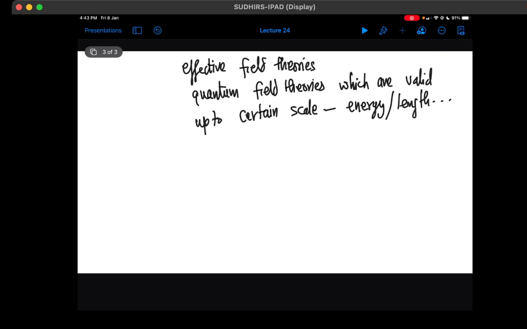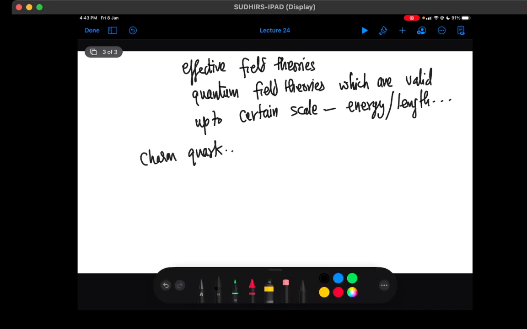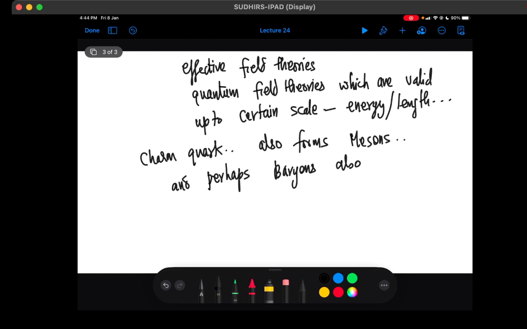The charm quark also forms mesons, and perhaps baryons also, but mesons have been discovered. These mesons are called D mesons.